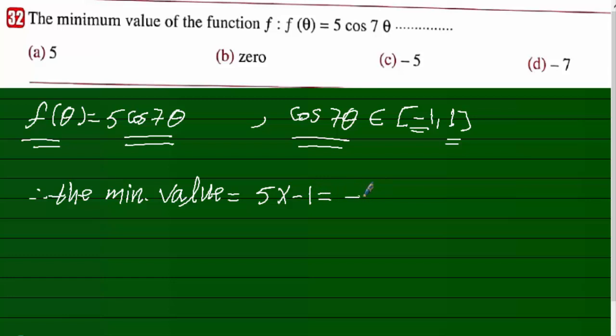So it is equal to negative 5, because in general the minimum value of cosine of any angle equals negative 1. So negative 1 multiplied by 5 equals negative 5, and we choose letter C.